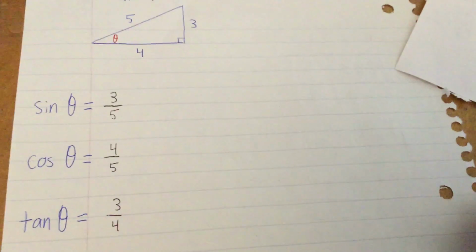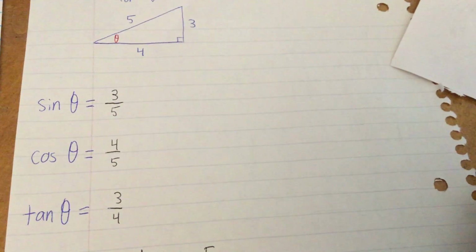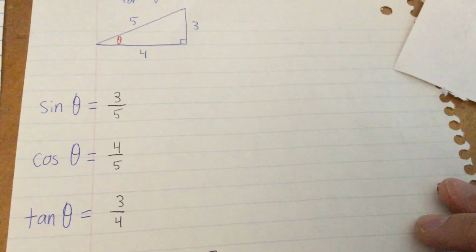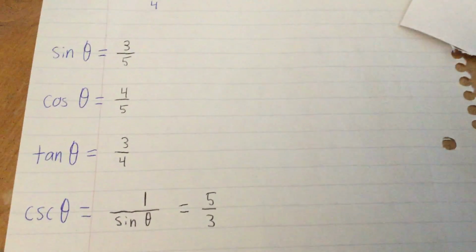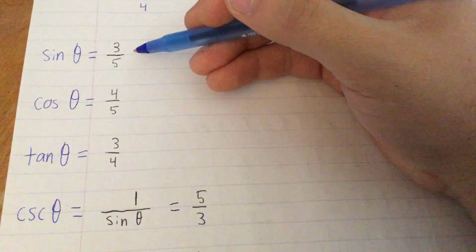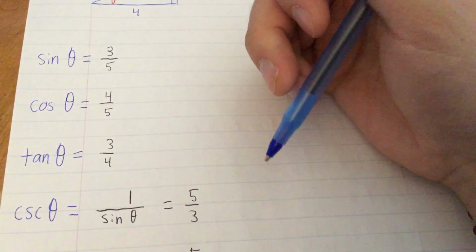And now we're going to take a look at sine, cosine, and tangent and take their respective reciprocal. So since cosecant is equal to 1 over sine, and the sine is 3/5, then cosecant is equal to 5/3.